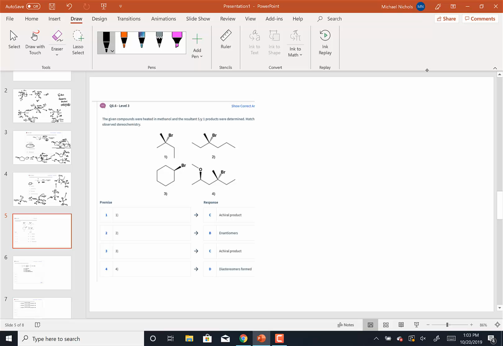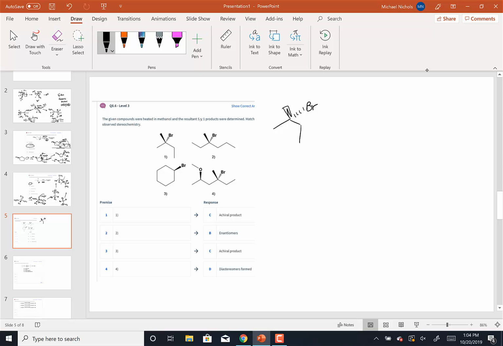So for problem number 6 here, they're saying that they're going to react these with methanol, and then determine what the relationship is with the final product. So if we look at the first one here, instead of writing the mechanism out, let's go to the final product.